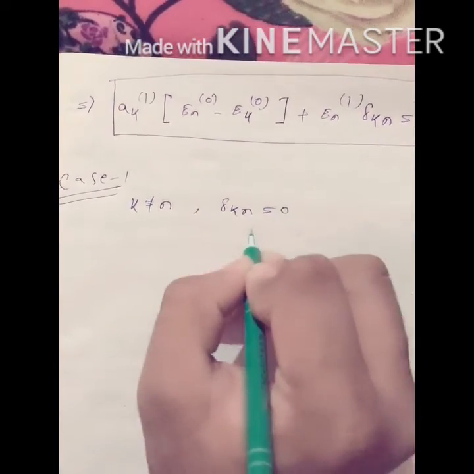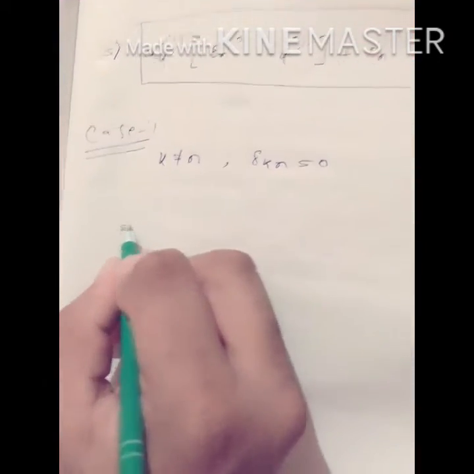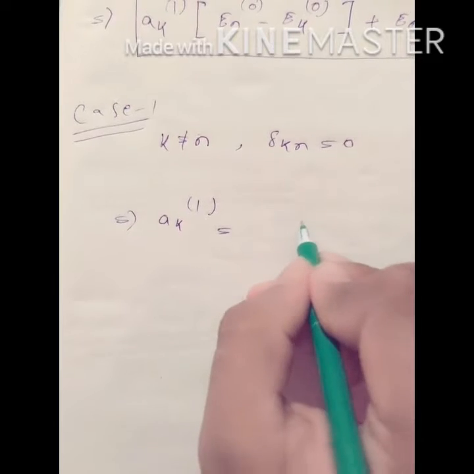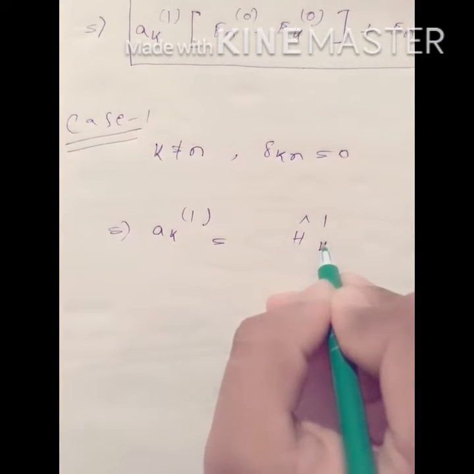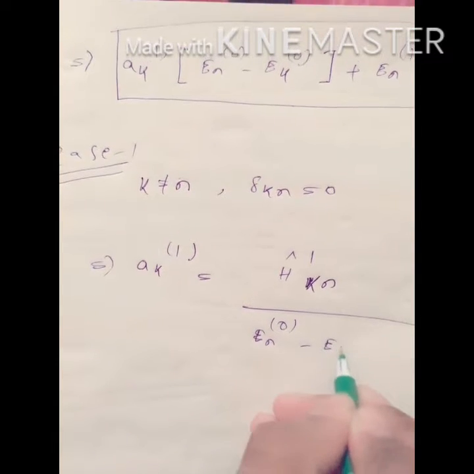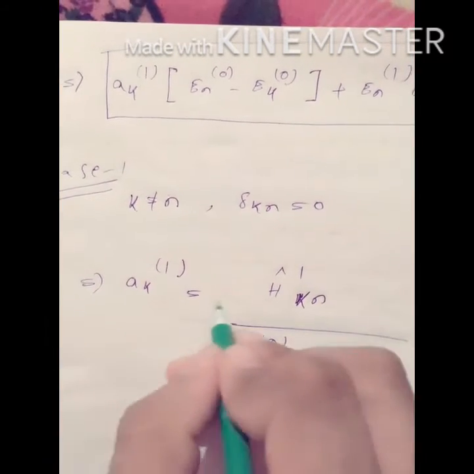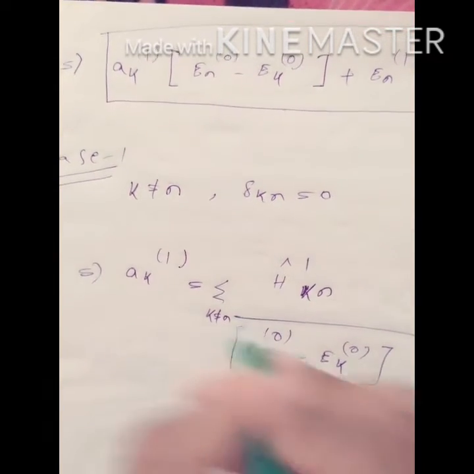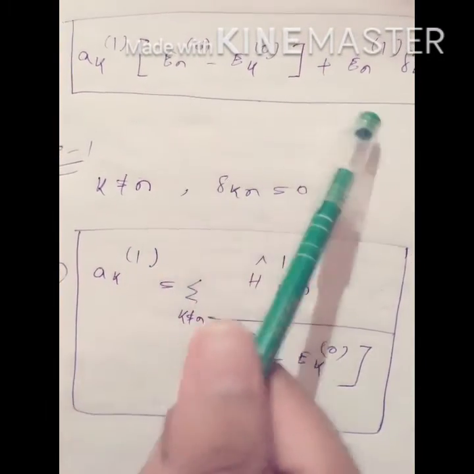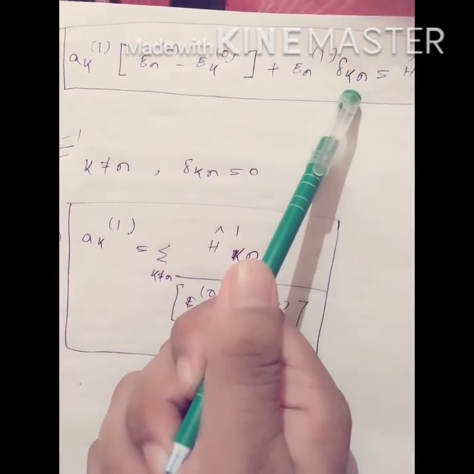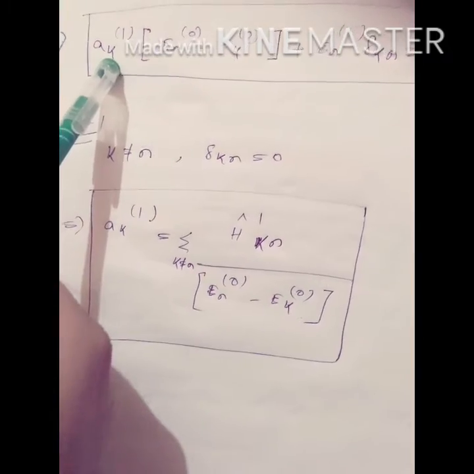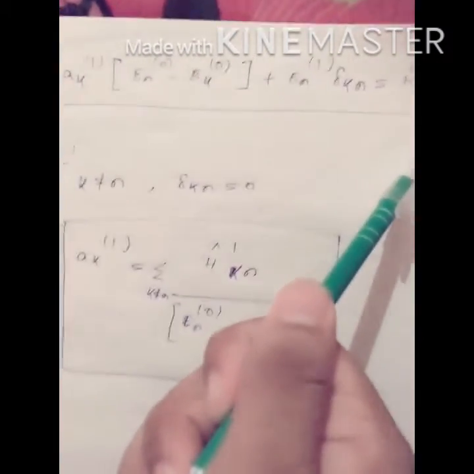So delta kn equal to 0, that means we can write Ak1 is equal to H prime kn divided by En0 minus Ek0, where k is not equal to n. This one is the expansion coefficient which we already determined. So the value of the expansion coefficient Ak1 is H prime kn divided by En0 minus Ek0.